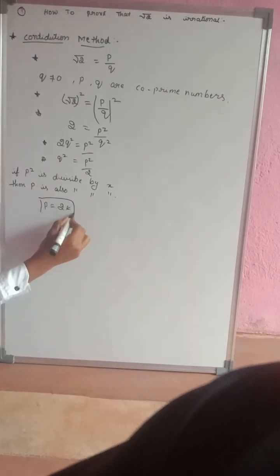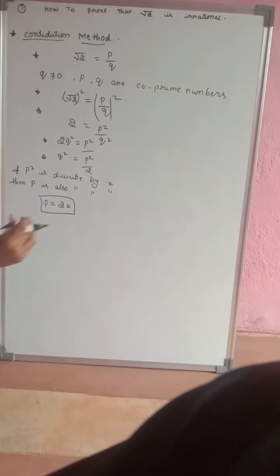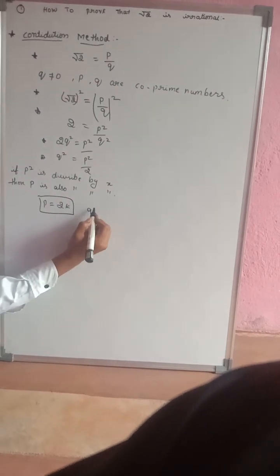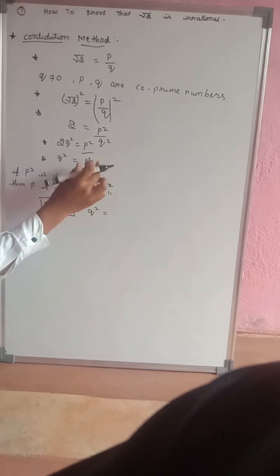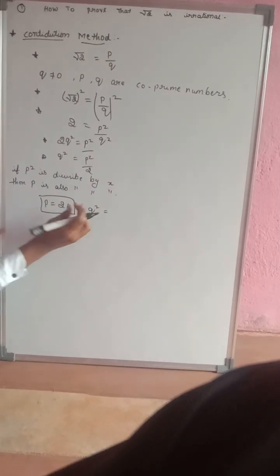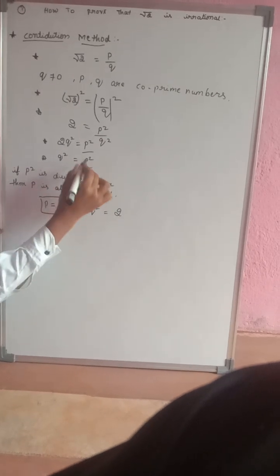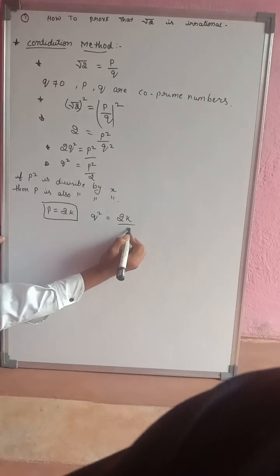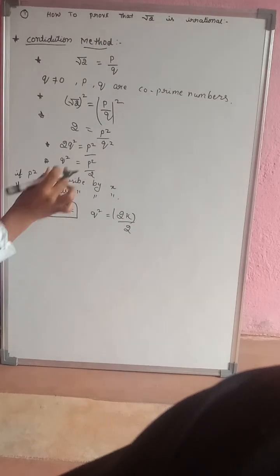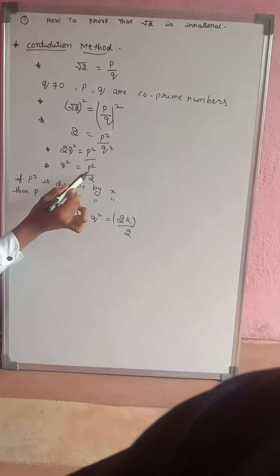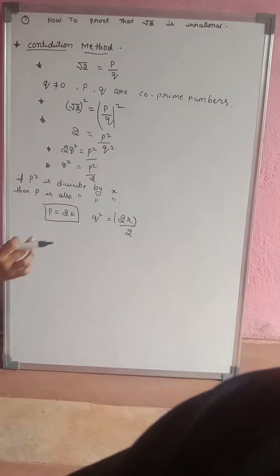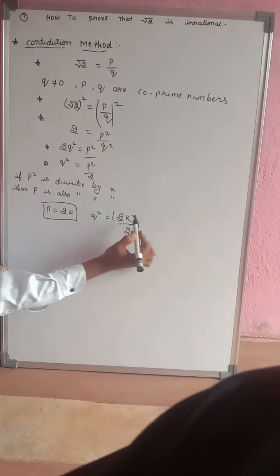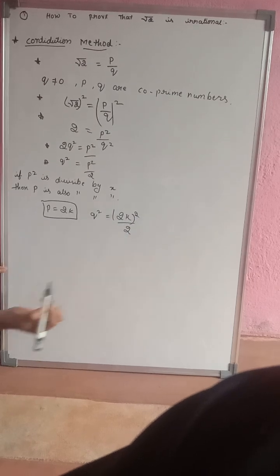Now we have found a new equation, so we substitute it into this equation. Q square will be q square, and p square means p is 2k, so we take p as 2k and the denominator 2. In this equation they have given p square, so we take p equal to 2k, all squared.